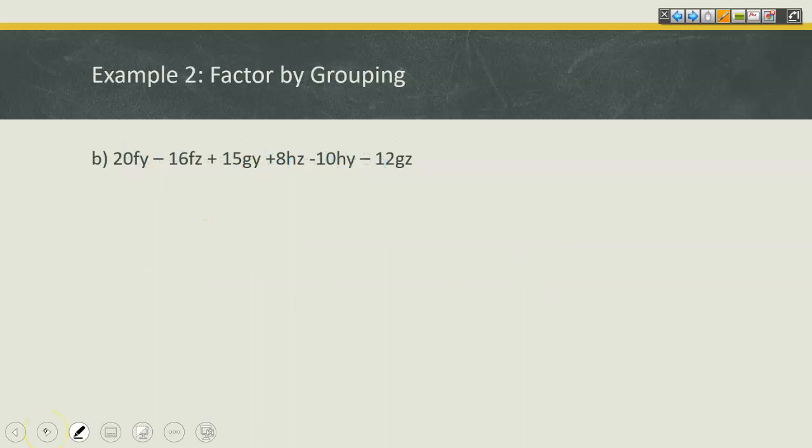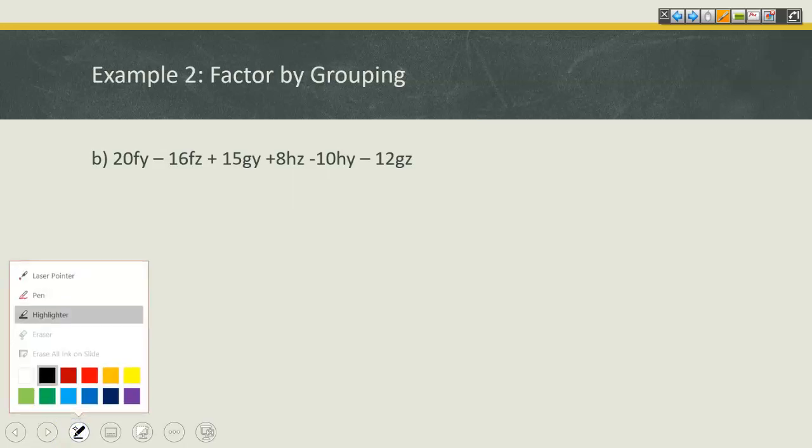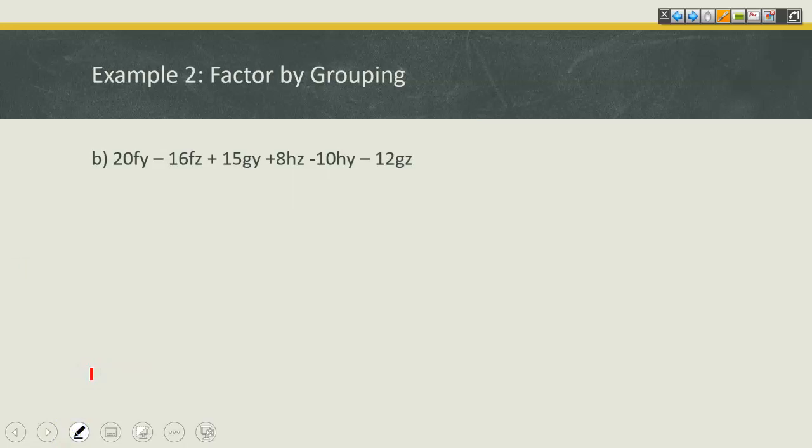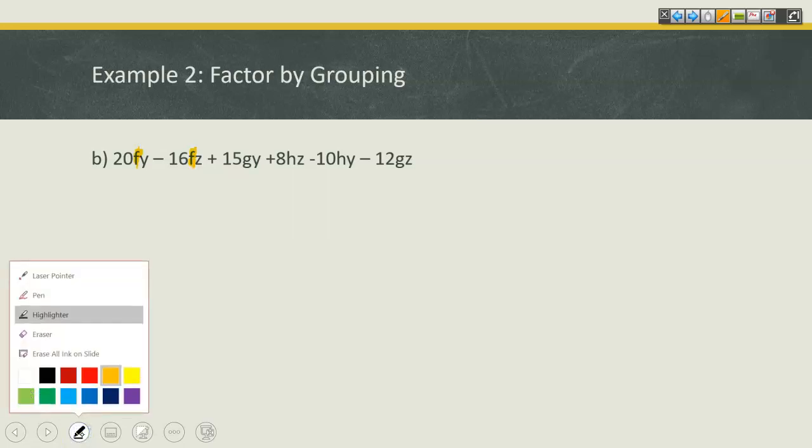A second factor by grouping. So again, you're looking to identify similar or like variables. We have an F, a G, an H, a G. So, all right.